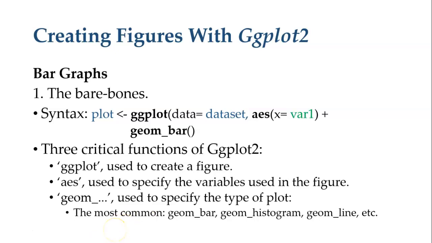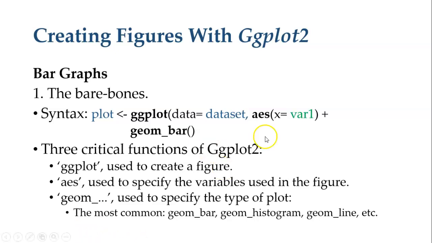In this case, it's going to be a bar graph, so it's geom_bar, but you can have a geom_histogram, geom_line, geom_point, geom_jitter. You can have geom_map. You can have hundreds. I think there are probably 20 different kinds of plots that you can create, and probably much more. Okay, but that's the very simple thing.